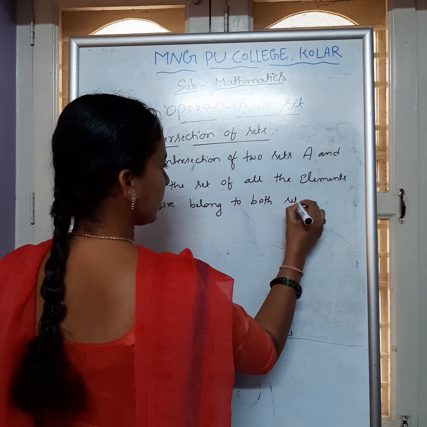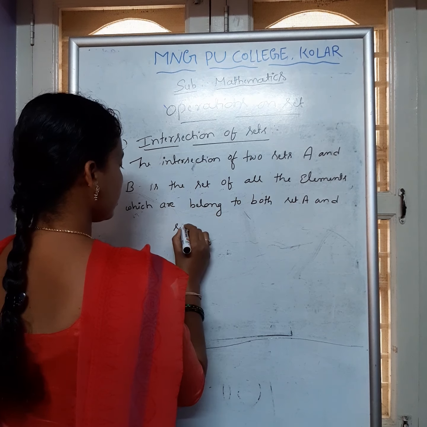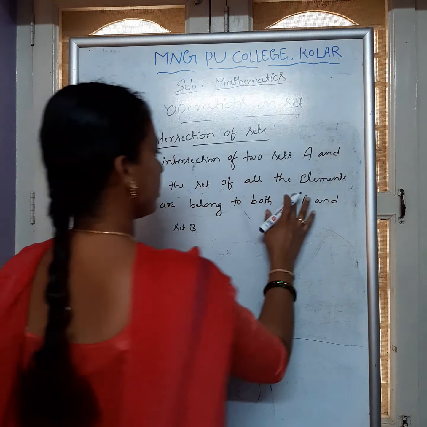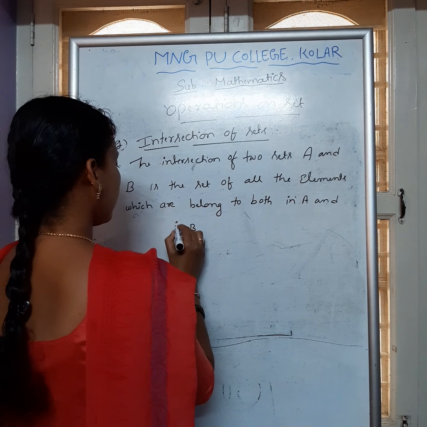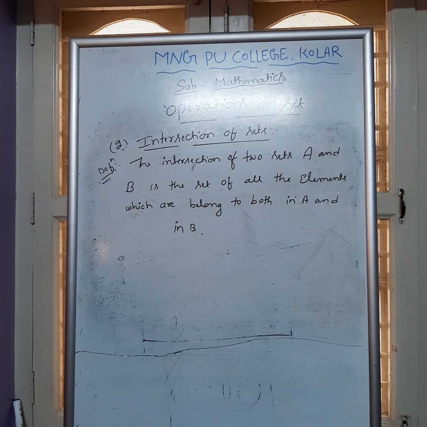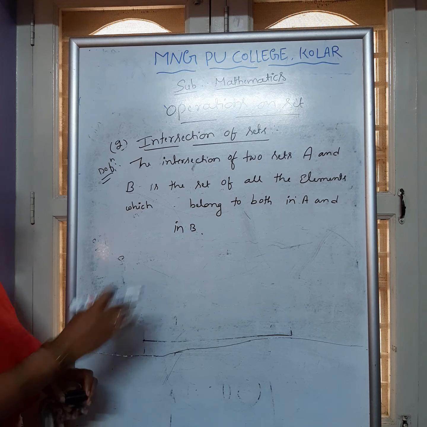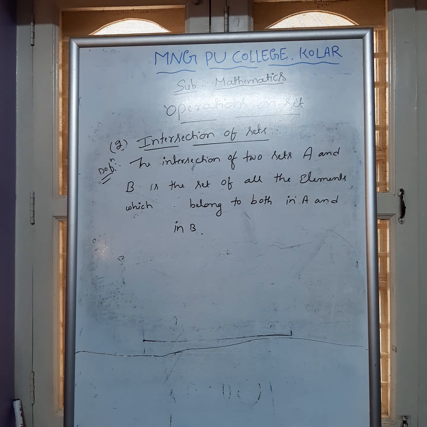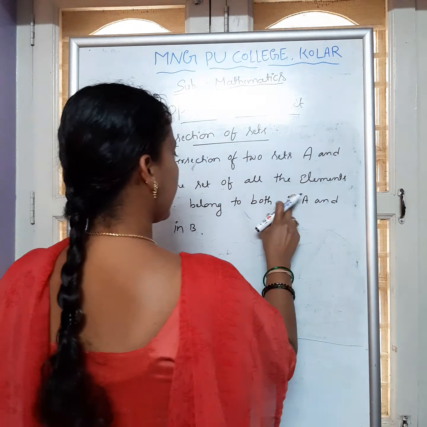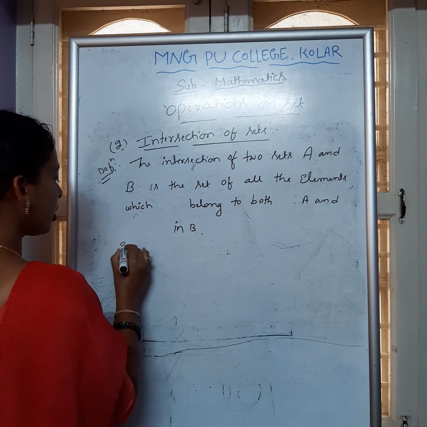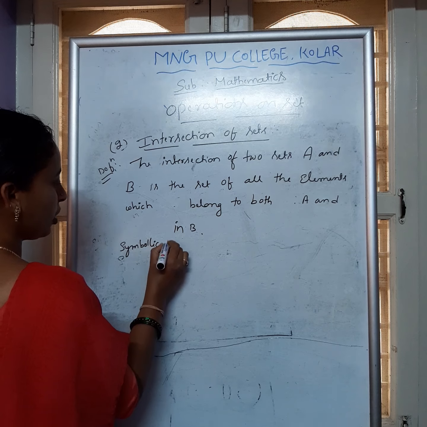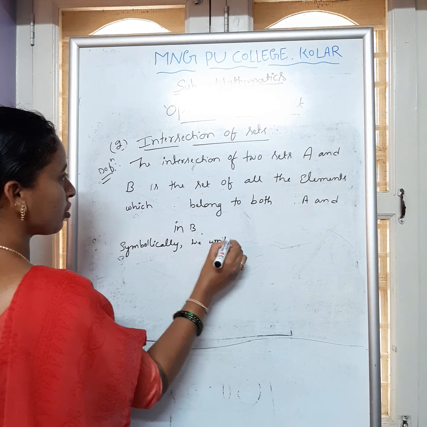The intersection of two sets A and B is the set of all the elements which belong to both set A and set B. Symbolically, we write the definition of intersection.